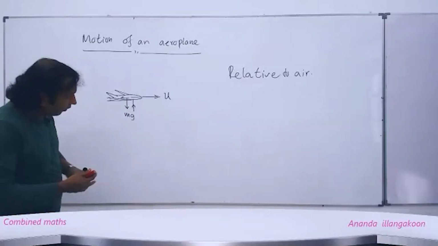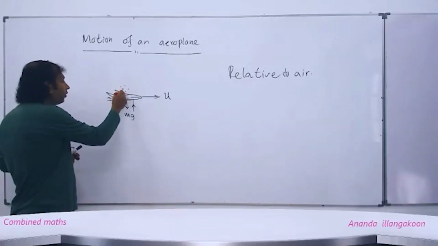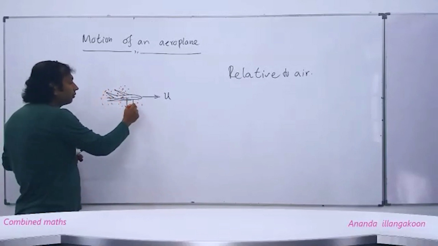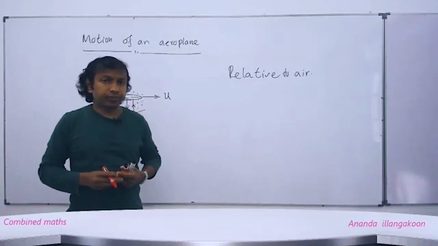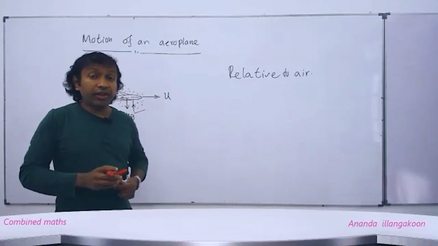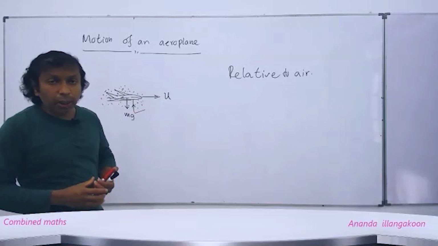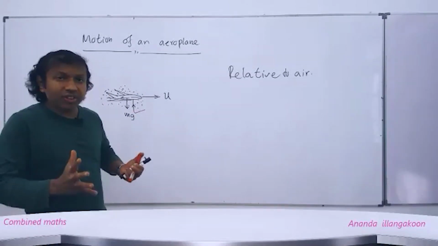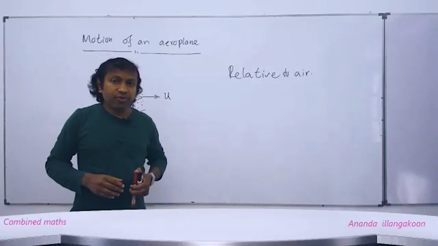So if there is no air particle surrounding this aeroplane, you can very clearly understand, this upthrust which balances the weight of the aeroplane is not coming to this aeroplane, and therefore the aeroplane can't fly. In order to get the upthrust, definitely there should be air particles. That means this aeroplane should move in a medium of air.